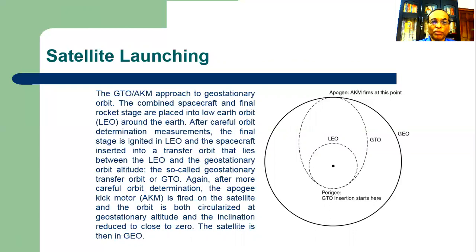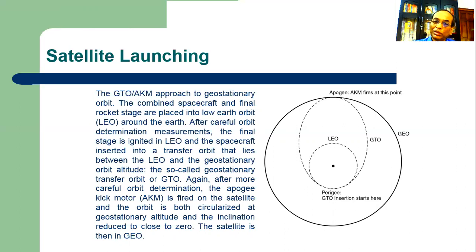After careful orbit determination measurement, the final stage is ignited in LEO and the spacecraft is inserted into a transfer orbit. This elliptical one is the transfer orbit.